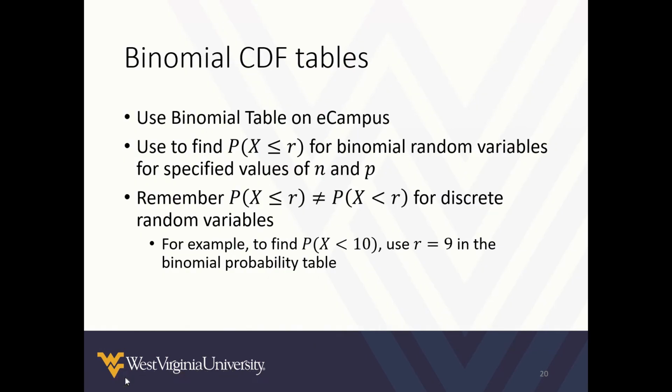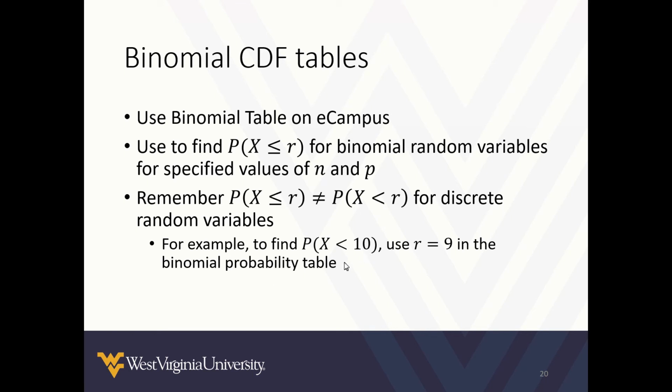Now, using these tables, yes, it is on eCampus. As I said before, it does provide the probability of x less than or equal to. In your textbook, it says r. Obviously, the formula itself says x. For the binomial random variables for specific values of n and p. For discrete random variables, let me remind you that the probability of x less than or equal to r is not equivalent to the probability of x less than r.